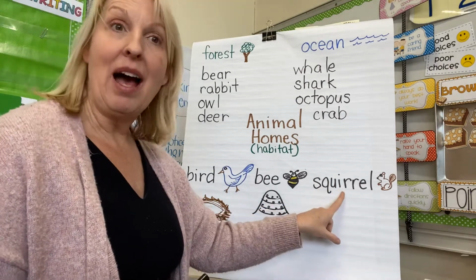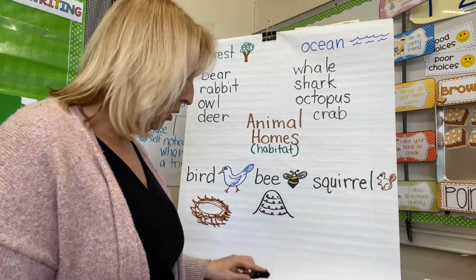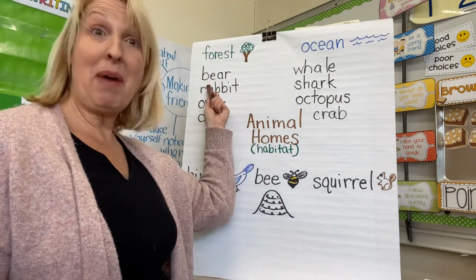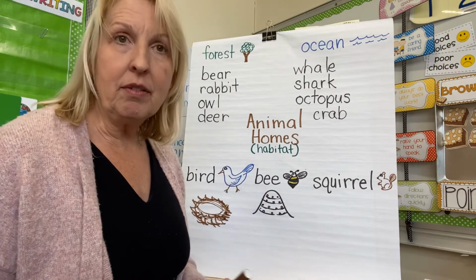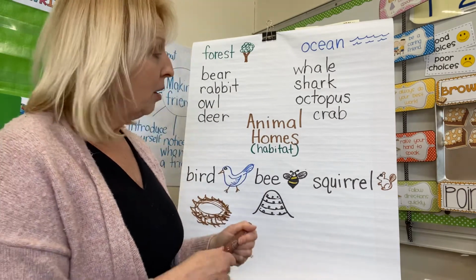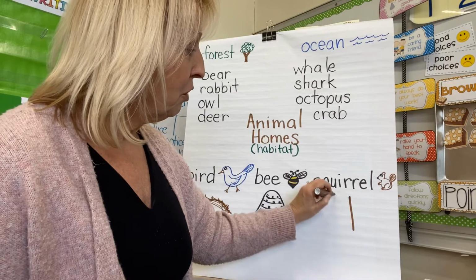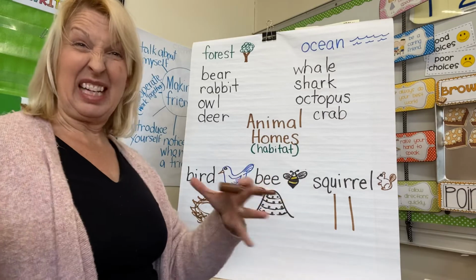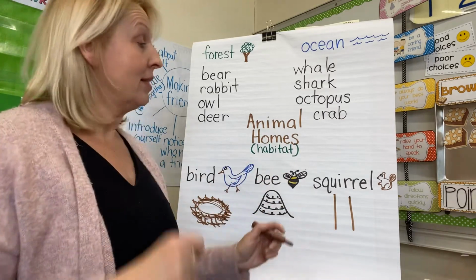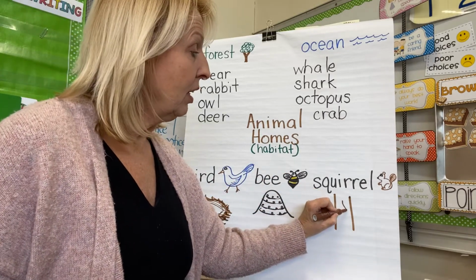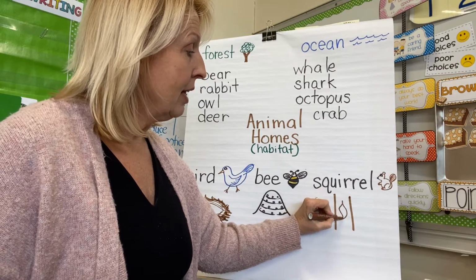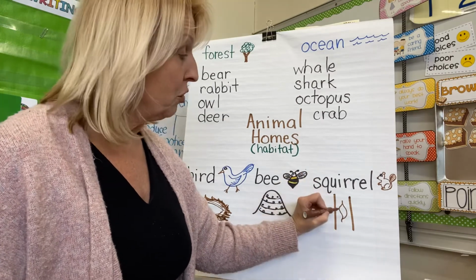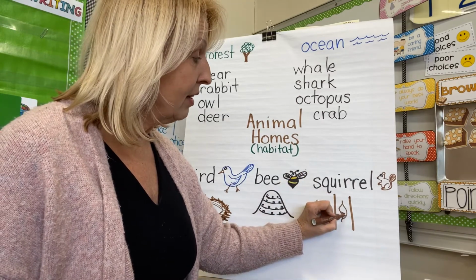And then we have a squirrel. Where would a squirrel live? Yeah, they might live in a forest. They could live in your backyard, right? Squirrels like to live usually around trees. Sometimes they'll build a big nest with leaves and twigs. Sometimes they'll find a little cutout place inside of a tree, like a little hole or a little notch, and they'll live inside there.